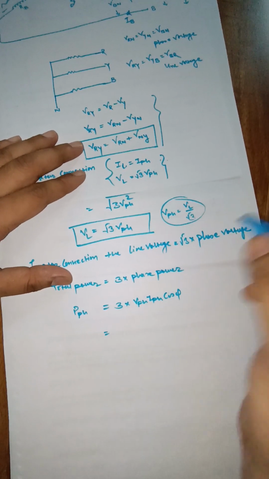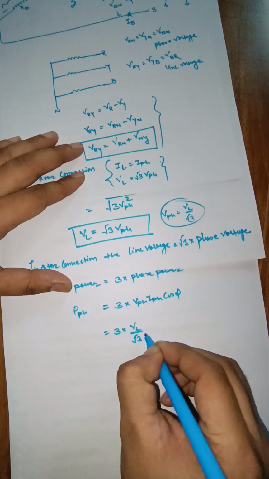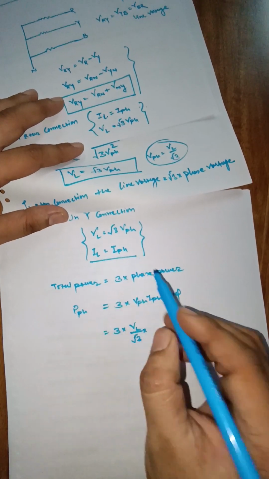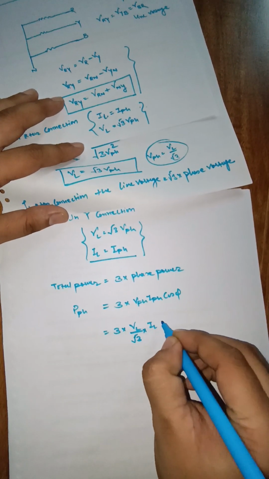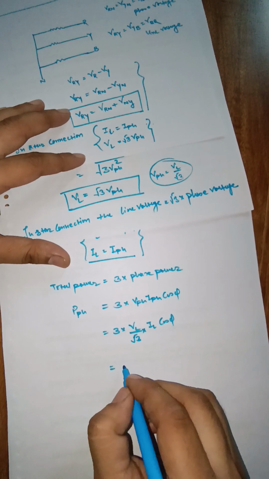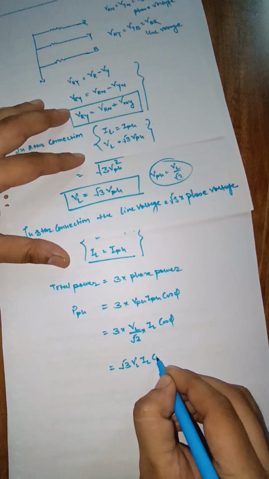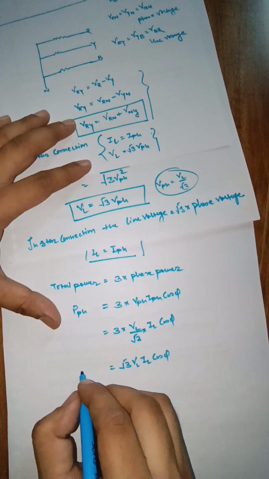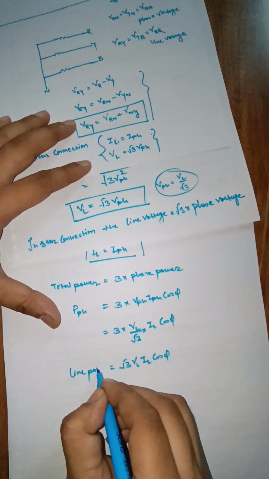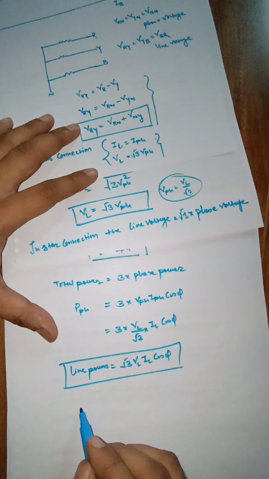Let me put this value here. 3 multiplied by VL upon root 3 multiplied by IPH, which is equal to IL, cos phi. So here it will be converted into root 3 VL IL cos phi. This will be your line power.